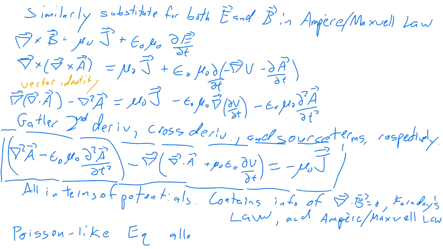So that means that if you've got a scalar potential and a vector potential, from that you can relate them to our sources. And with our sources, you can relate to our fields.